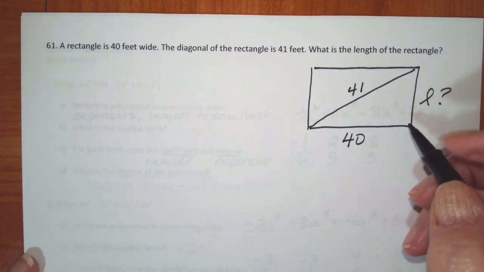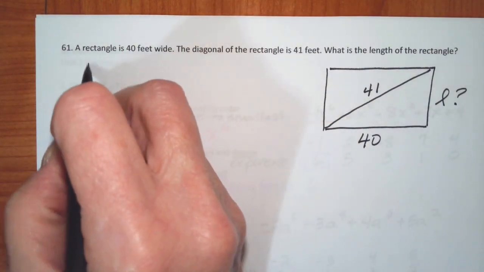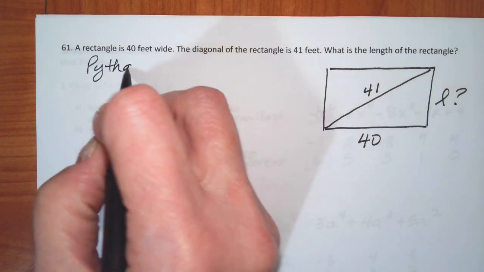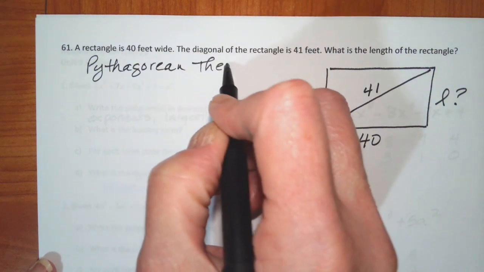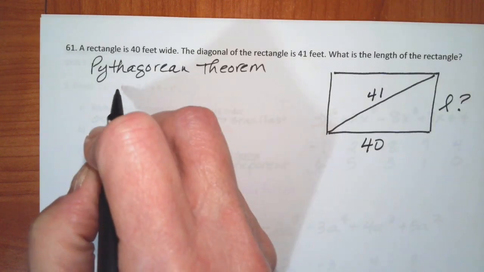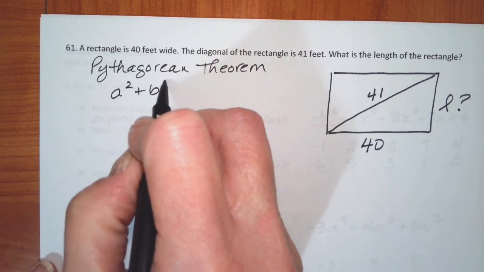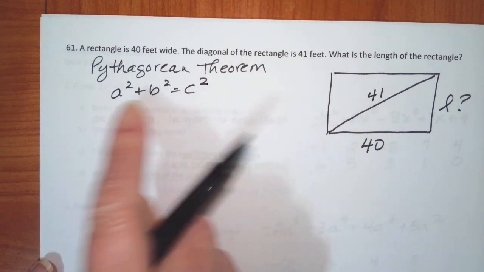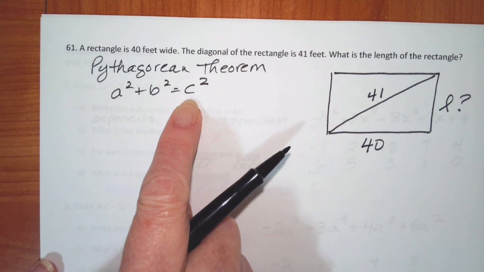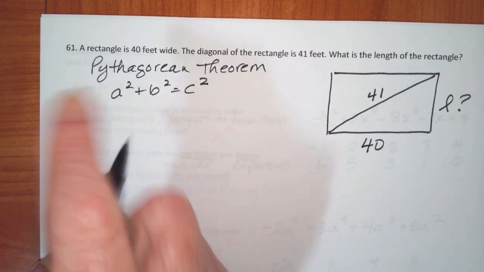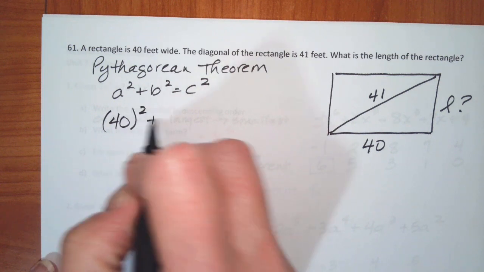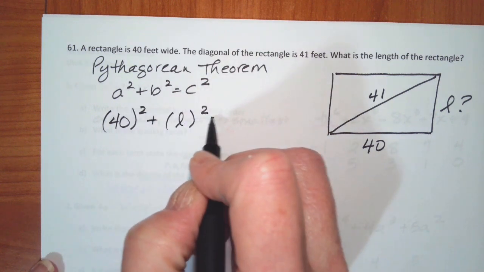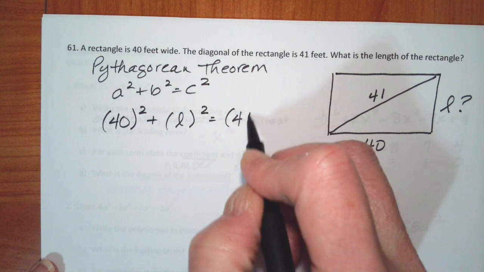Well, what I've got here is a right triangle, so I'm going to have to use the Pythagorean theorem, which says a squared plus b squared is equal to c squared, where a and b are the legs and c is the hypotenuse. So I know that 40 squared plus L squared is equal to 41 squared.